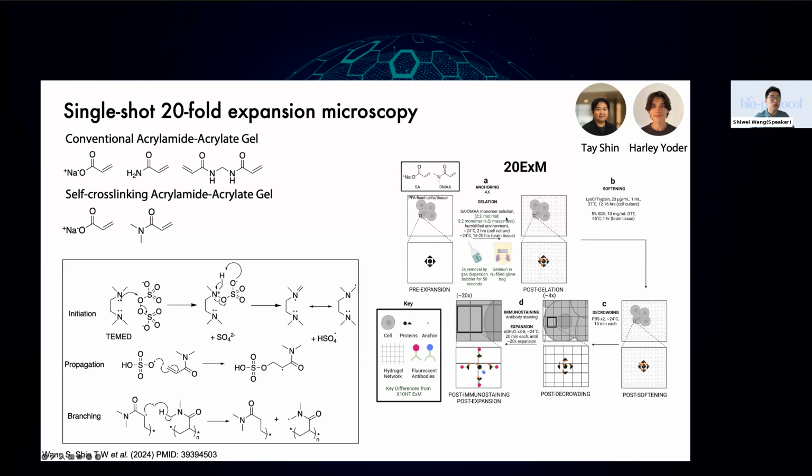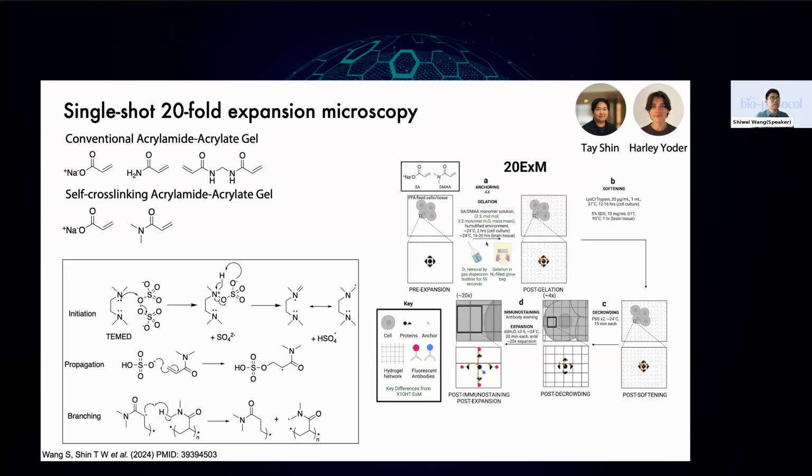However, we reached a problem: if we simply make this gel over and over again, it's not very reproducible. And that made sense to us because this process of branching is actually a radical-dependent process. If you have oxygen in the gel, the oxygen will quench the radicals and severely change the cross-linking density.